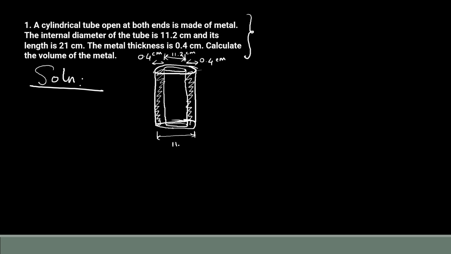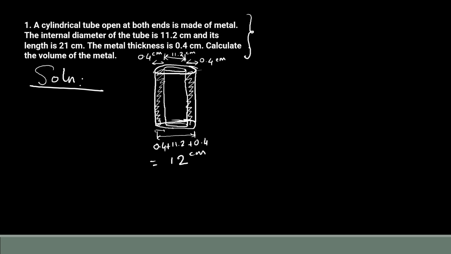It is 11.2 plus 0.4, and 0.4 on this side also, so plus 0.4. So this will give us 12 centimeter. So basically 12 centimeter is the outside diameter and 11.2 centimeter is the inside diameter, right?